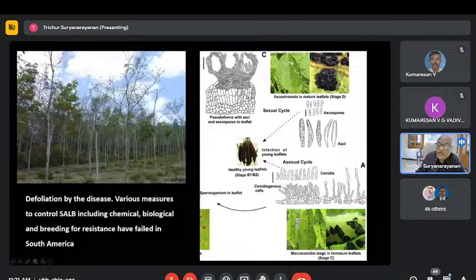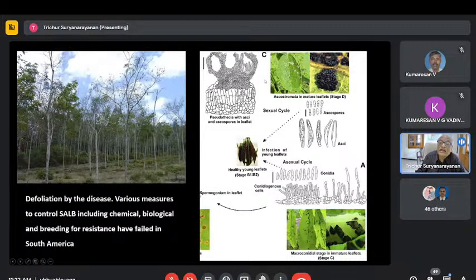Sometimes when conditions are favorable, the fungus also reproduces sexually and produces ascospores within asci, in pseudothecia, because this is a bitunicate ascus, Loculoascomycetes. The ascospores are released with great force, and they float and can infect new rubber trees.